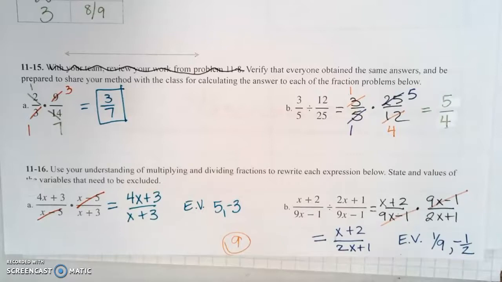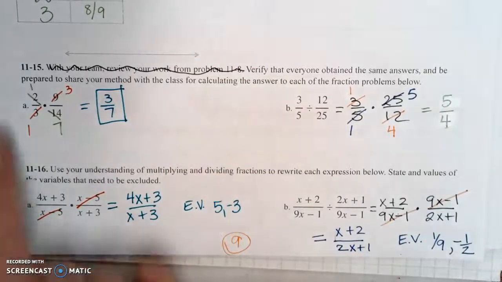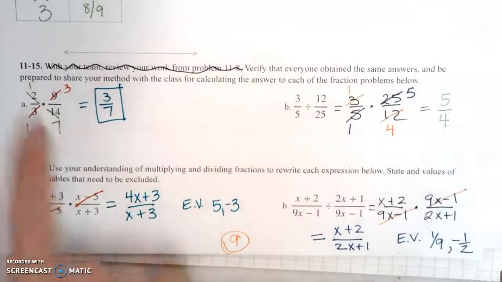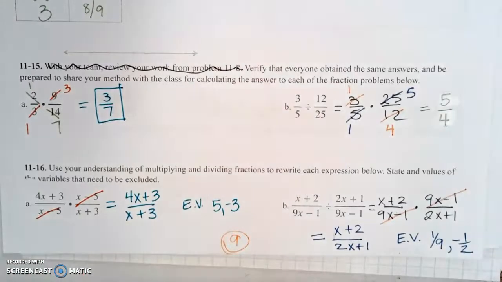You can reduce vertically this way or this way. You can also reduce diagonally, which is on this problem what I did. The 3 and 9 can reduce to 1 and 3. The 2 and the 14 can reduce to 1 and 7. That's as far as it can be reduced.